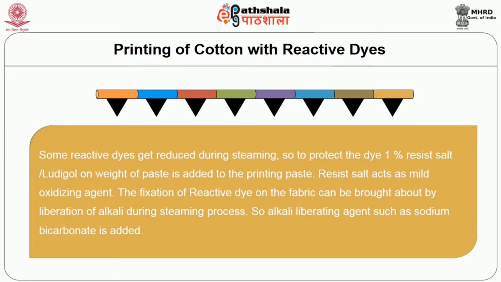Some reactive dyes get reduced during steaming. So, to protect the dye, 1% resist salt or Ludigol on weight of paste is added to the printing paste. Resist salt acts as a mild oxidizing agent. The fixation of reactive dye on the fabric can be brought about by liberation of alkali during the steaming process. So, alkali liberating agents such as sodium bicarbonate are added.